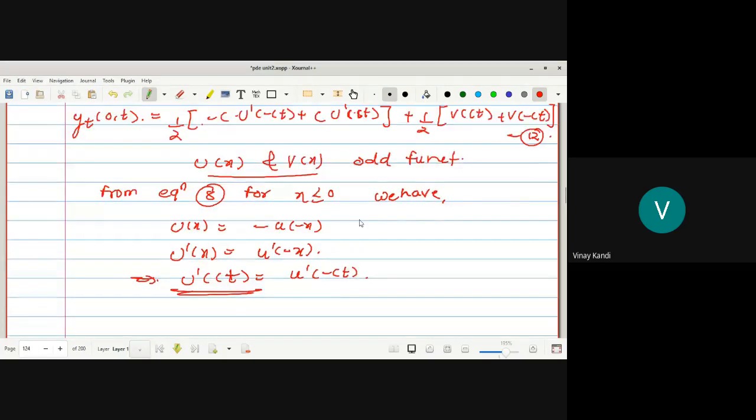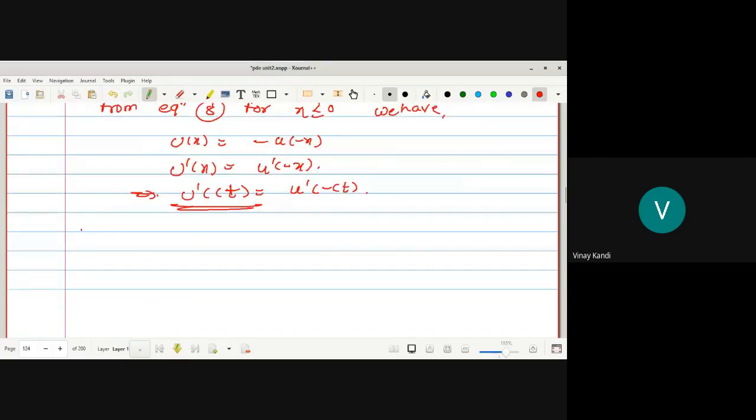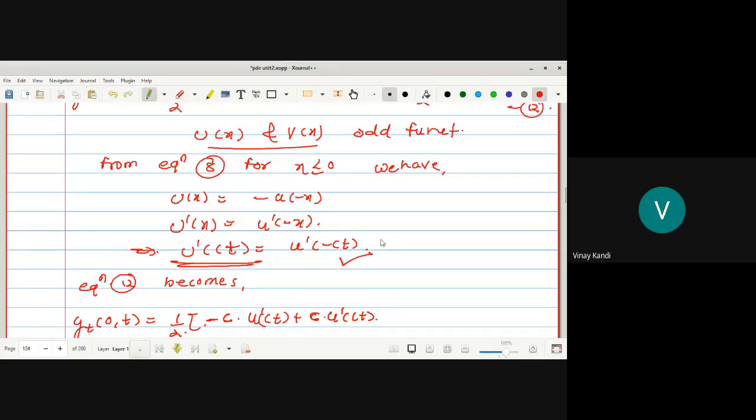So hence, equation 12 becomes y t of 0 t is equal to 1 upon 2 into bracket minus c into small u dash of ct plus c into u dash of ct, using this condition.